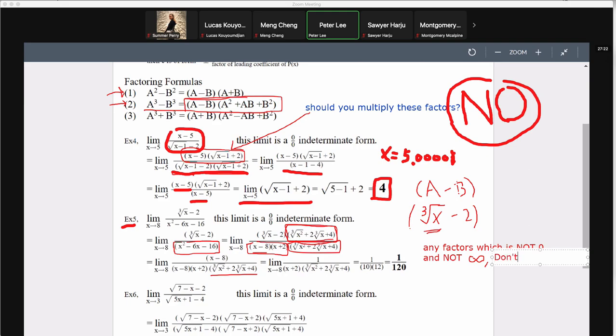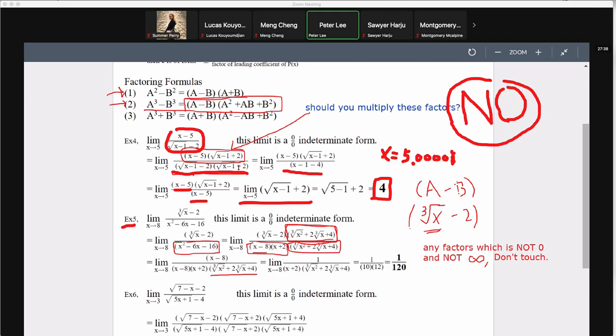Don't touch. Don't touch meaning don't manipulate. Don't try to add or multiply, don't do anything. Just leave it alone. Anything which is not a 0 and not infinity, don't do anything.